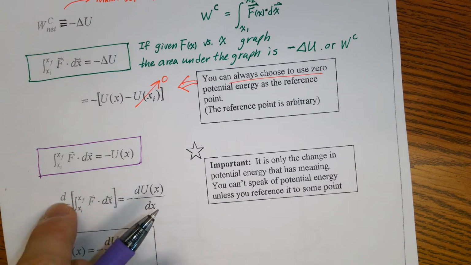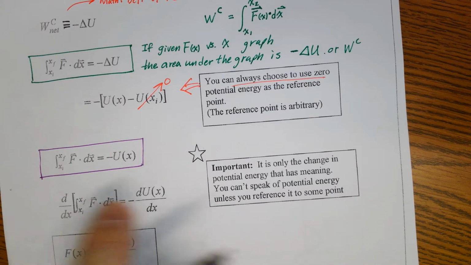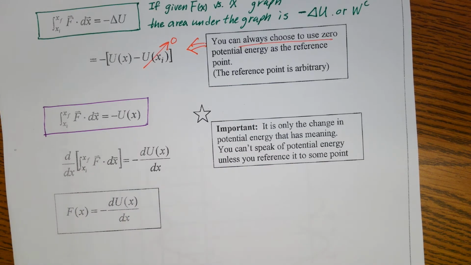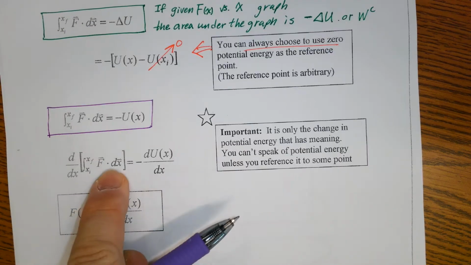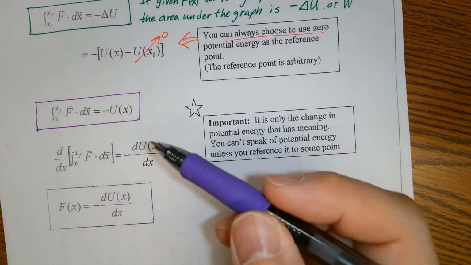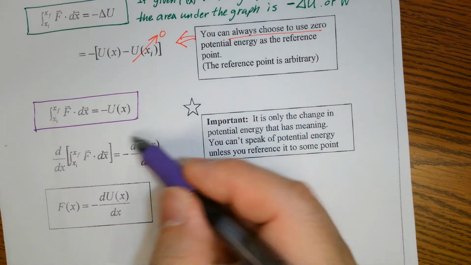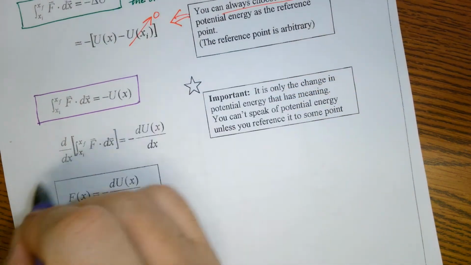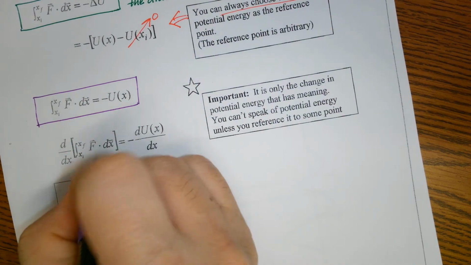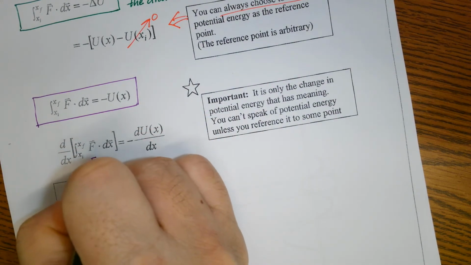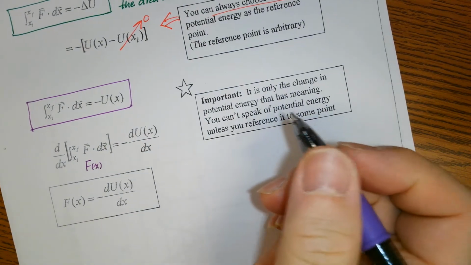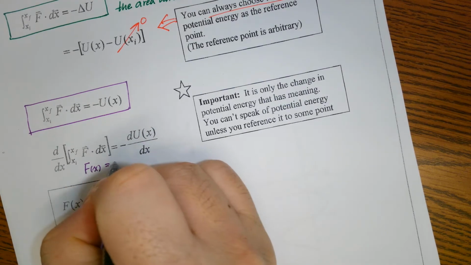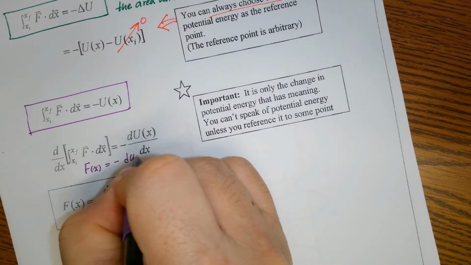If we take the derivative of both sides, then on this side you just get F of x. If I move the dx to the other side, here it's just a derivative. Here, I get negative dU of x dx.